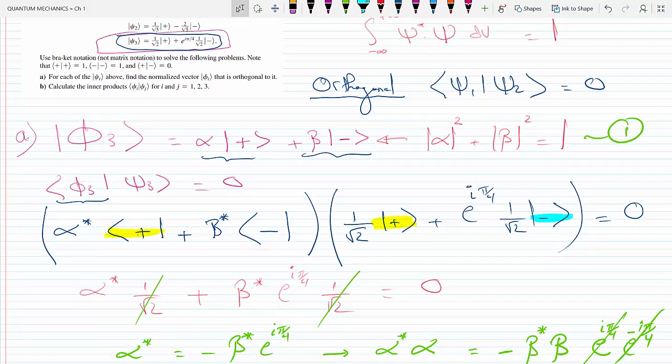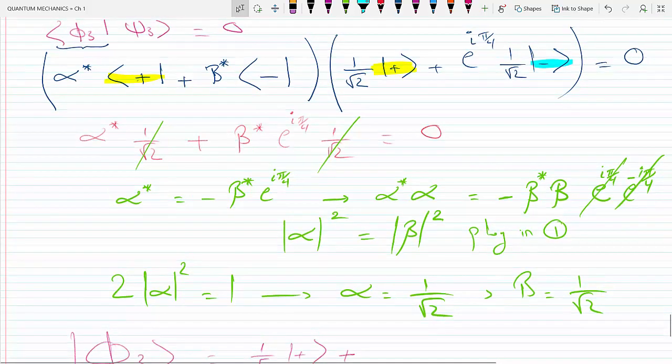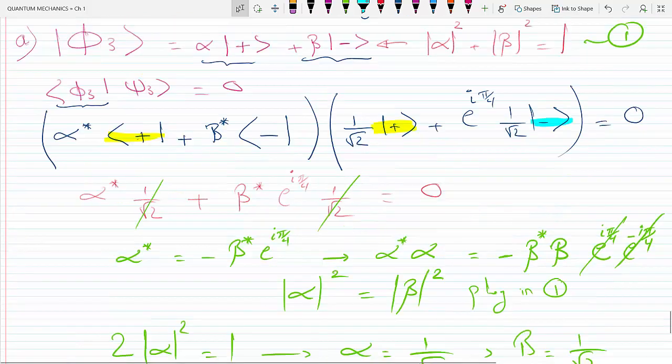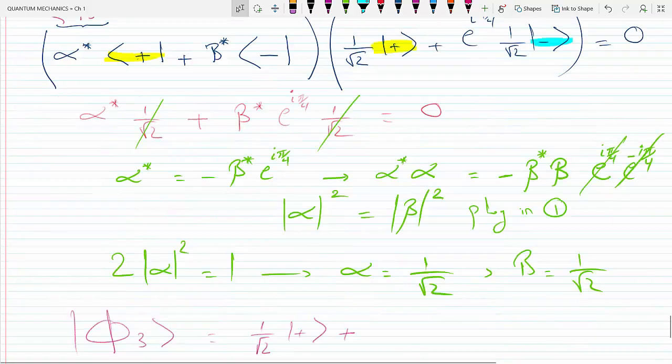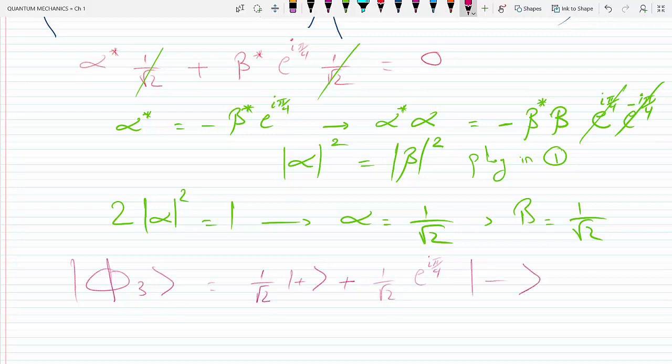Plus 1 over root 2 e to the i pi over 4. You just plug them back into the original one. Minus half.